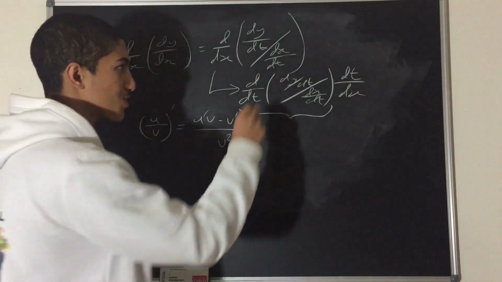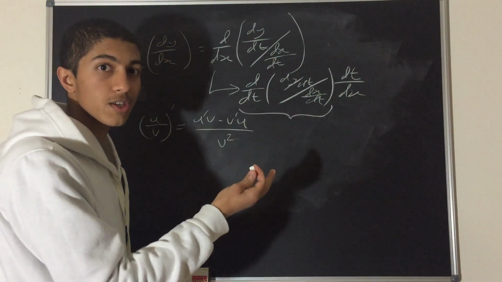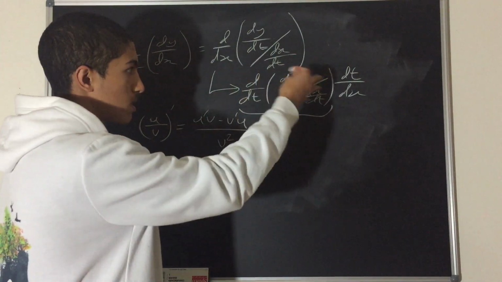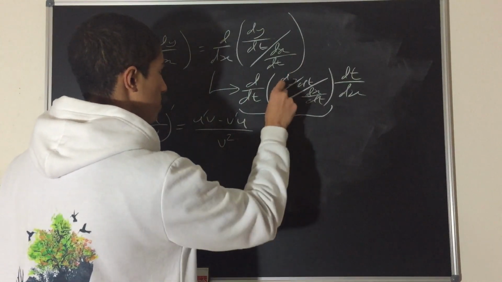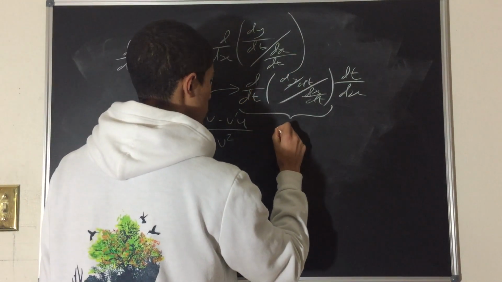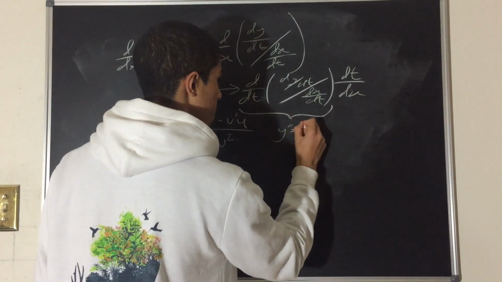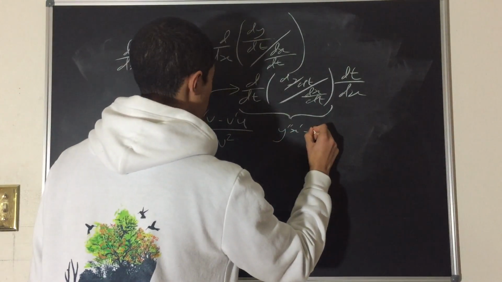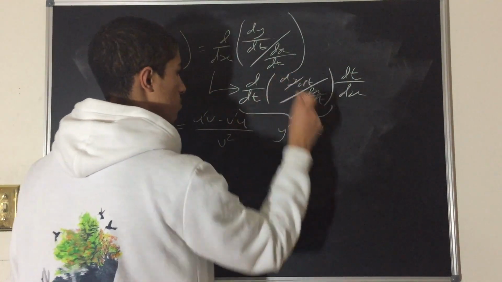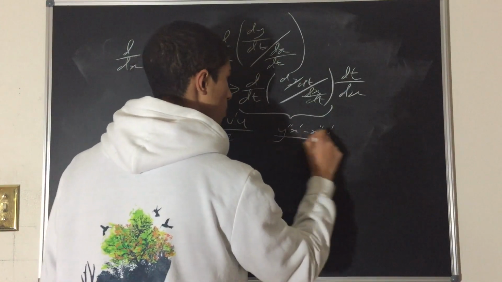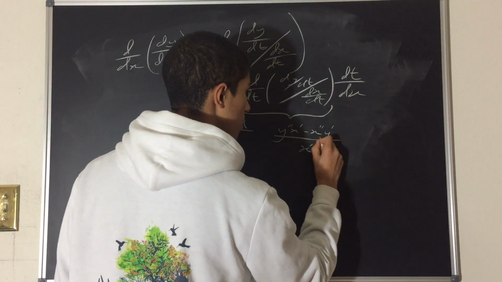And from now, I'm going to scrap the dy by dt notation. I'm just going to do the y prime notation. So instead of expressing derivatives in this long format, I'm just going to express them as primes. So dy by dt, that's y prime, and this is going to be y double prime. So u prime is going to be y double prime multiplied by v, which is x prime, minus v prime, which is x double prime, times u, which is y prime, and all of this divided by v to the power of 2, which is x prime squared.